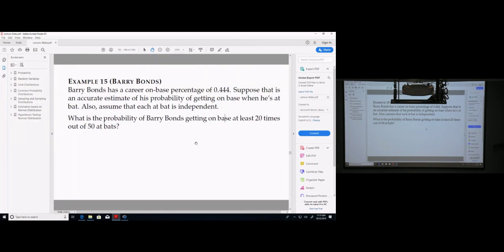But there are also people who dispute the hot hands theory. But anyway, whether it's independent, it is very difficult to argue. All right. What is the probability of Barry Bonds getting on base at least 20 times out of 50 at bats?